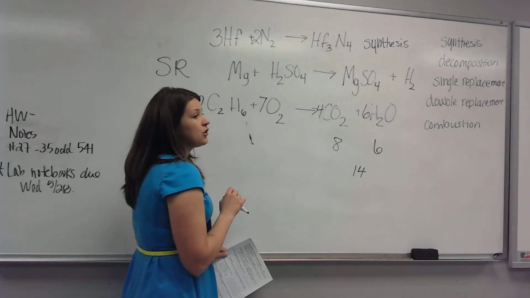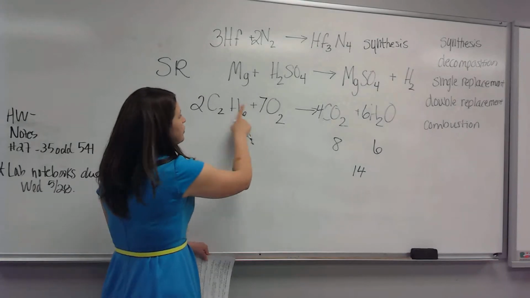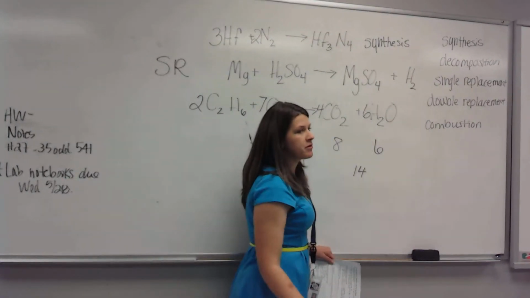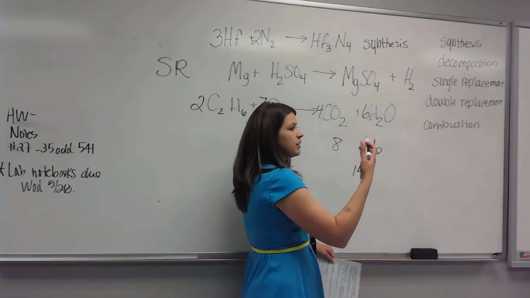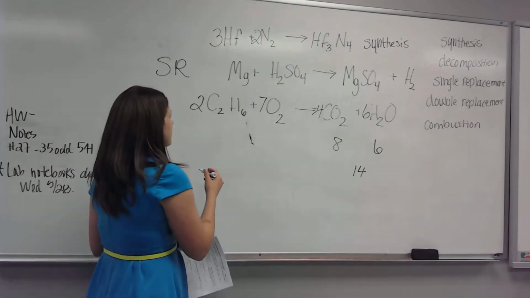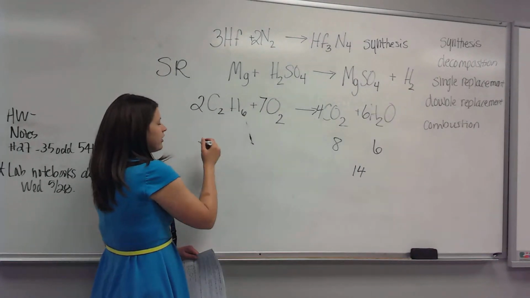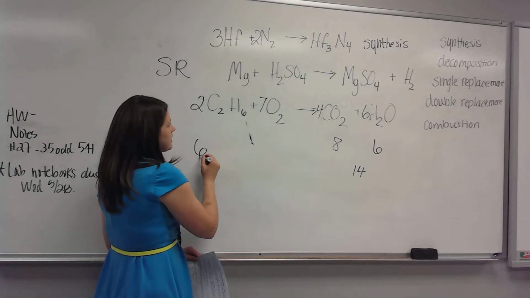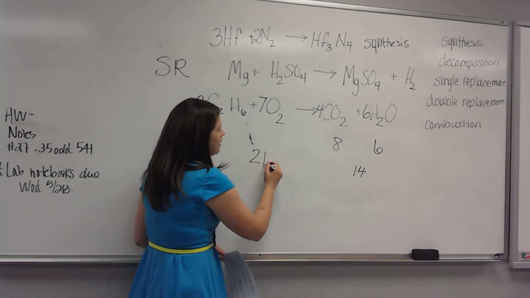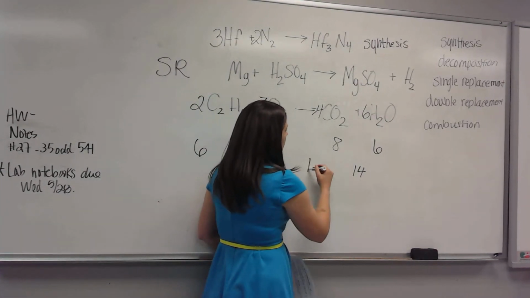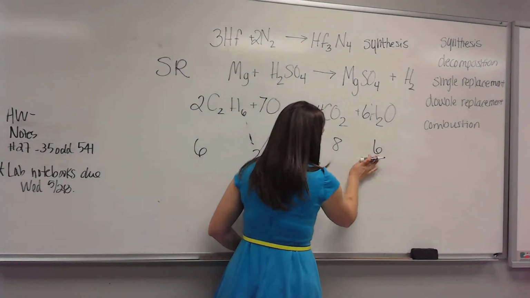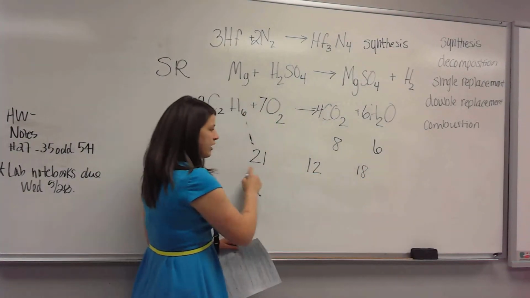Okay, so the last thing that you want to do is check all your numbers, 2, 7, 4, 6, and see if you have a common denominator. Because sometimes when you're manipulating an equation, you might end up with something like, let's see, a kid earlier had 6, 21, 12, and 18 as their numbers out in front.